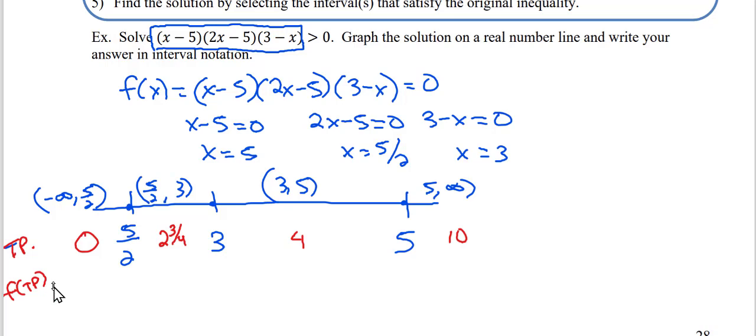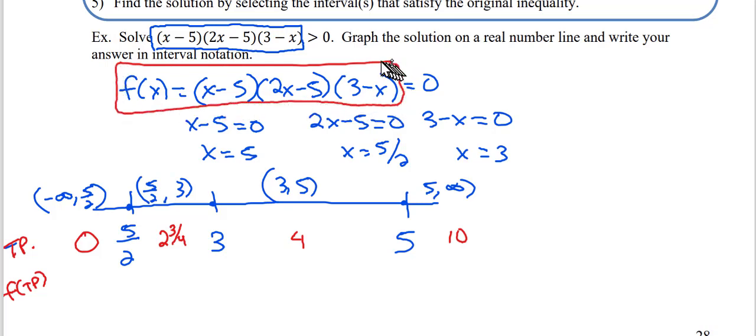I want to plug the 0 in. When it comes to plugging the 0 in, I don't actually care what the actual number is. I only care if the result is positive or negative. So if this is my function here, when I plug 0 in, this first factor is a negative number. I have 0 minus 5 is -5.